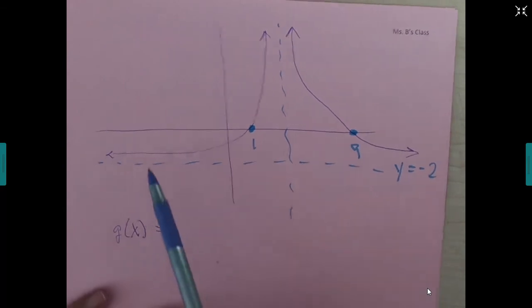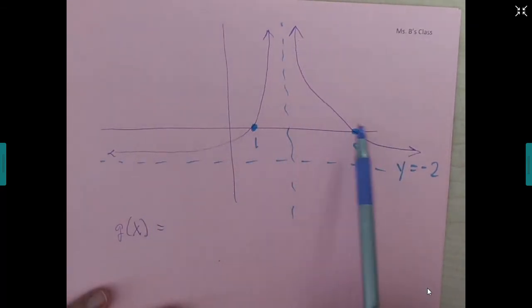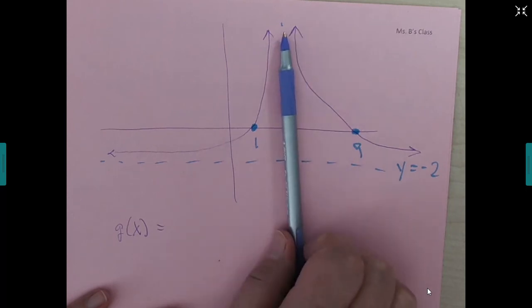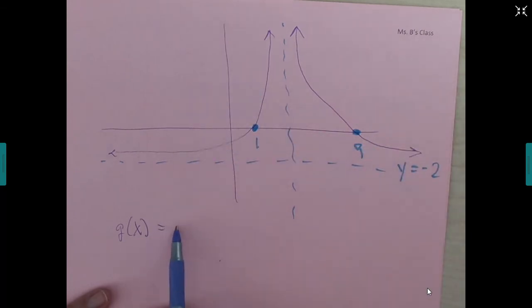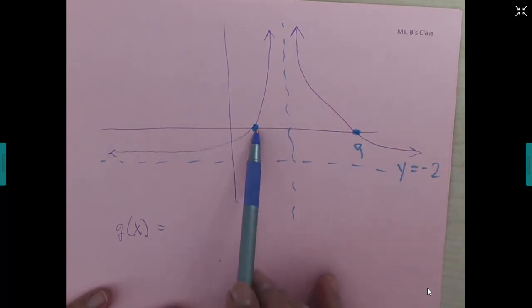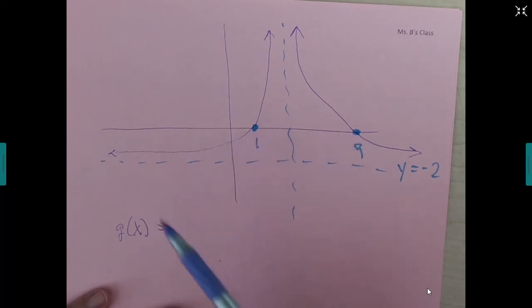So here you go. This is your function. Here are your zeros. Here is a vertical asymptote. Here's a horizontal asymptote. So the numerator is determined by your zeros. So here's your 0 at x equals 1.